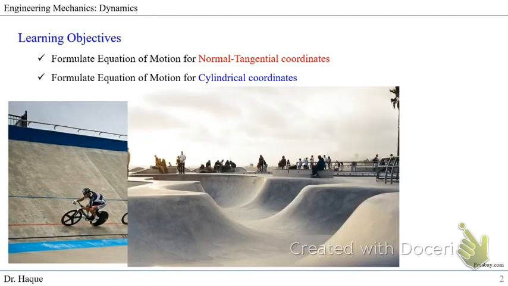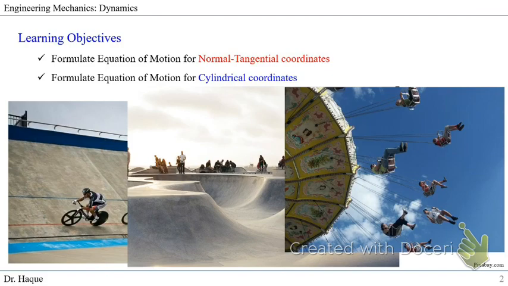For example, skateboarding. If someone is skateboarding on this curve going this way and coming back, he would have normal and tangential components for his motion.